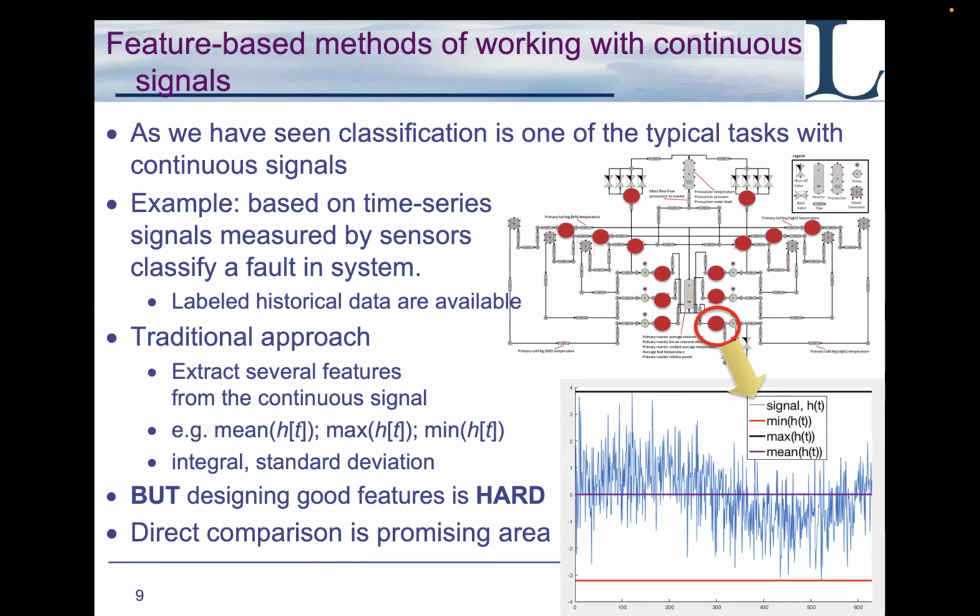So a general approach to feature-based method is that you take your time series and you extract features out of it. So what could be the simplest feature? You monitor for quite some time, and then you collect first order statistics like mean, max, min. So these are valid features, but obviously not very precise.